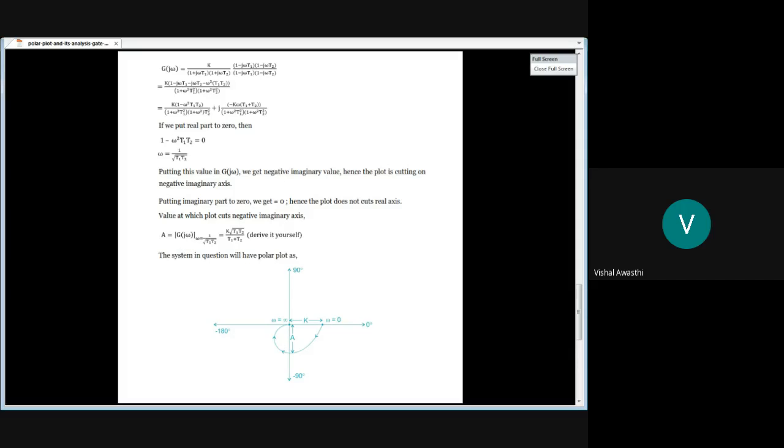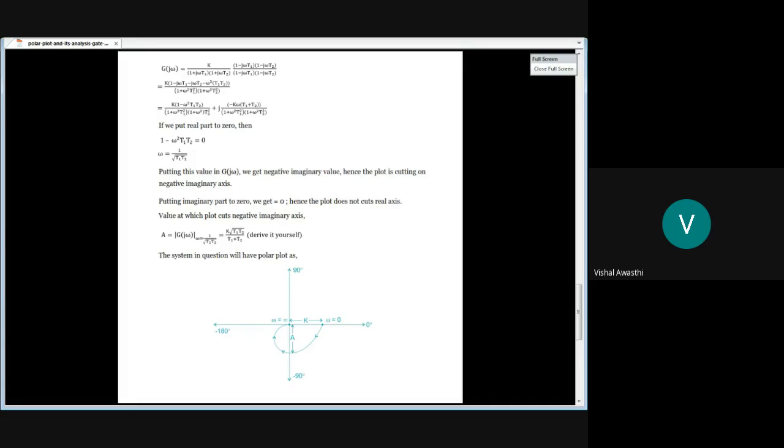So when you put this frequency in your j omega axis, you will get a magnitude. So this is the overall thing. When you find that this frequency is 1 upon under root T1 T2, and when you put this frequency into your magnitude, you will get K under root T1 T2 upon T1 plus T2.